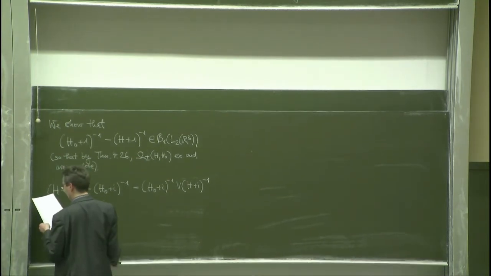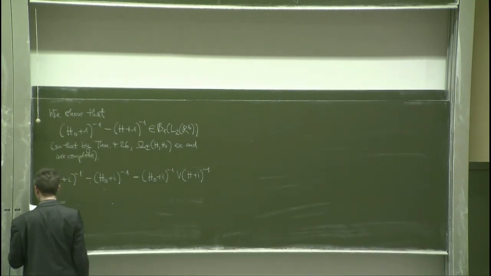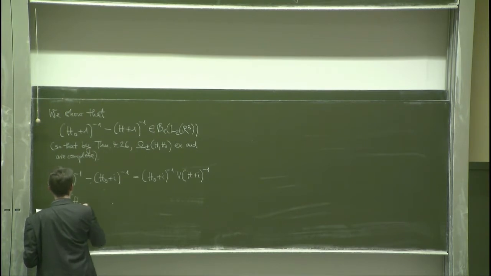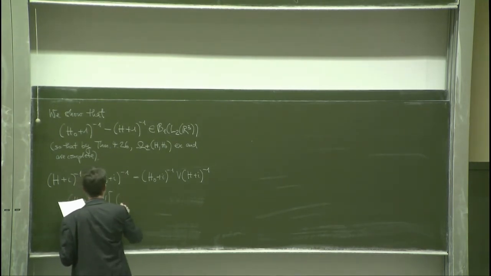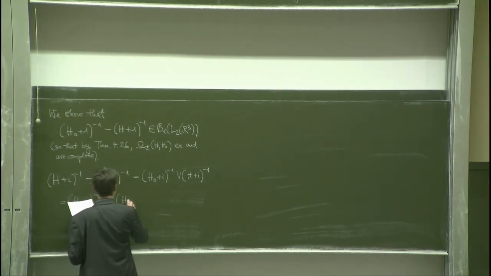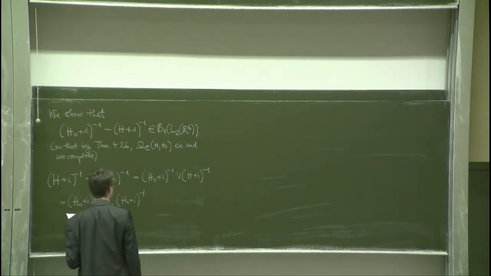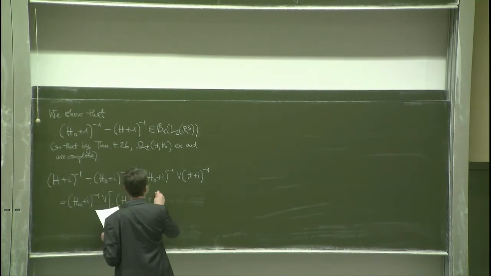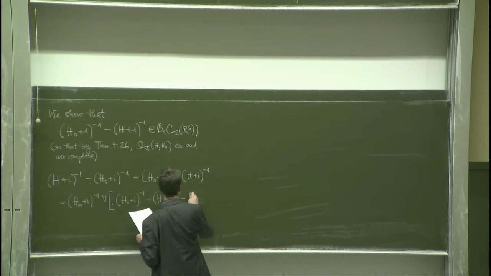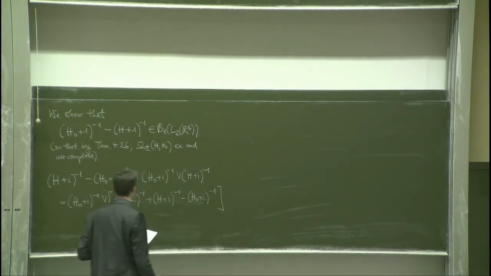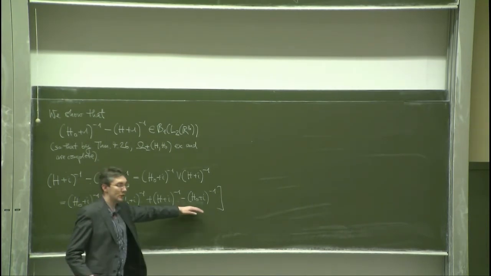And now you can proceed as follows. This is (H0 plus I)^(-1) V, and here we have (H0 plus I)^(-1) plus (H plus I)^(-1) minus (H0 plus I)^(-1). So I have simply added in 0, as you can see.